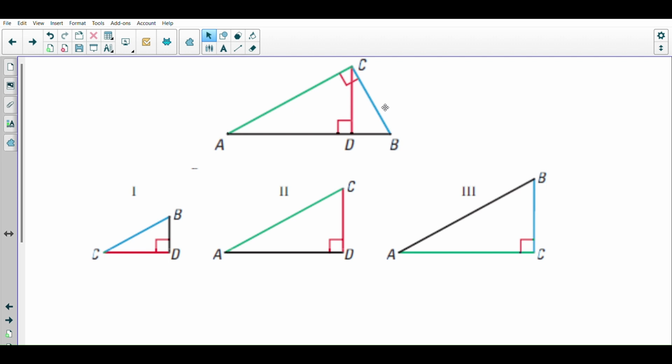CB is a leg on the big triangle, but it is the hypotenuse on the smallest triangle. AC is another leg on the big triangle, but it is the hypotenuse on the medium triangle. And then the altitude of the big triangle becomes one leg of the medium triangle and one leg of the small triangle.